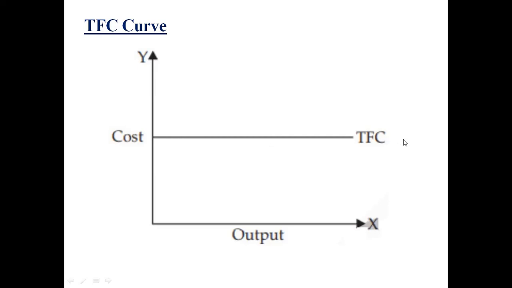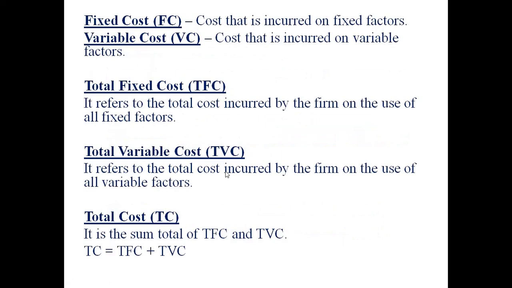If the level of output is 0, it remains the same. TFC remains constant in all the cases. I hope you have understood the feature of TFC, I mean the behavior of TFC.